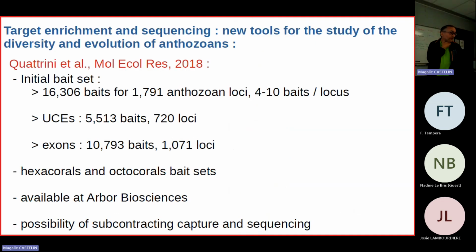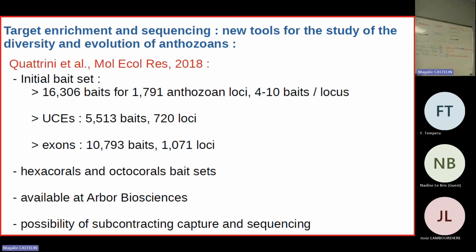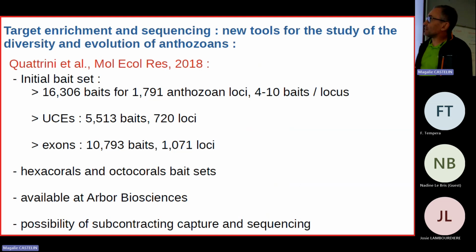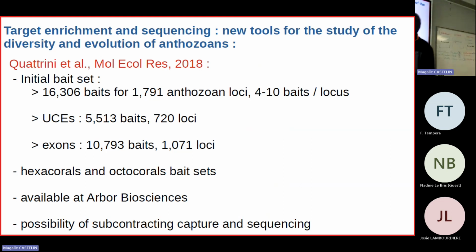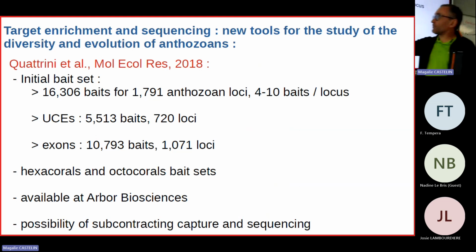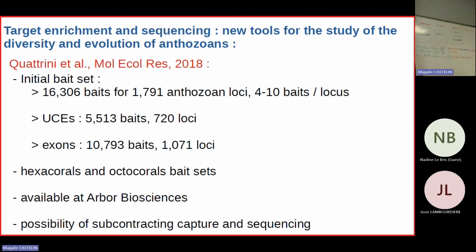So just a bit of numbers. In the initial articles, the initial bait set prepared by Andrea Quattrini and Catherine McFadden, at the scale of Anthozoans, there were almost 1,800 loci shared among UCE and exons. And now, they changed these a bit, but you have specific hexacoral and octocoral bait sets.